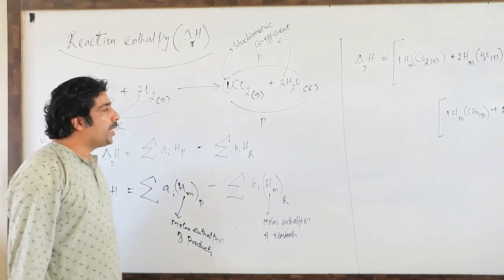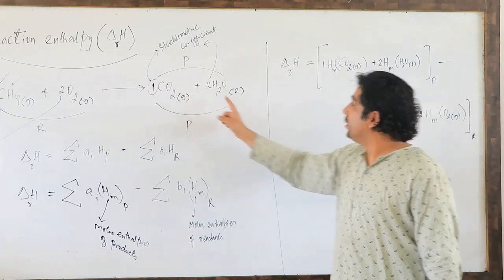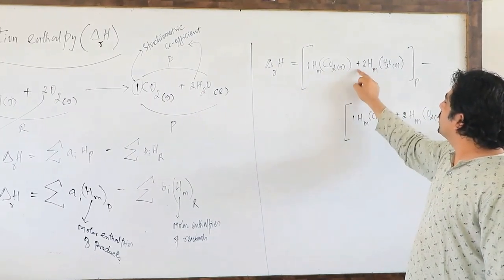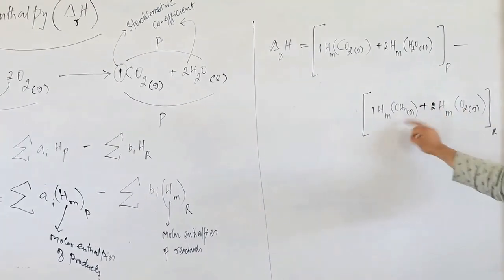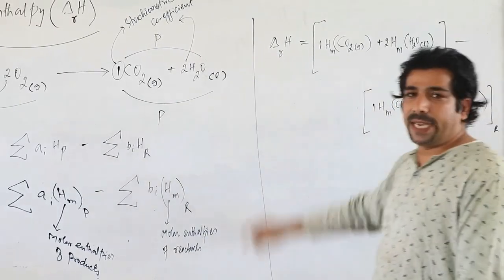Correct or not? For this chemical reaction, these are my products, so I have taken the sum of the molar enthalpies of my products minus the sum of the molar enthalpies of my reactants. This minus this will give me the delta HR.